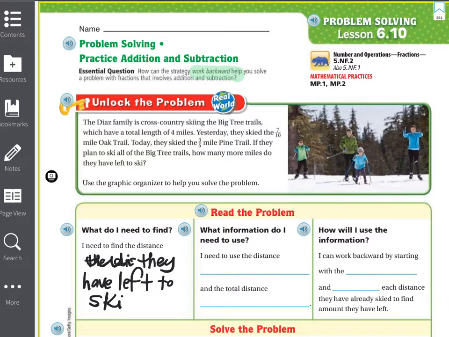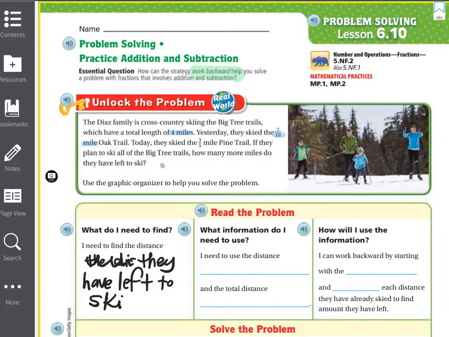So what information do I need to use? We need to use the distance that they've already skied. So what's the distance that they've already skied? It says they already skied 7/10 of a mile. And then I also need to use the total distance that they want to ski. So they want to ski a total of 4 miles.